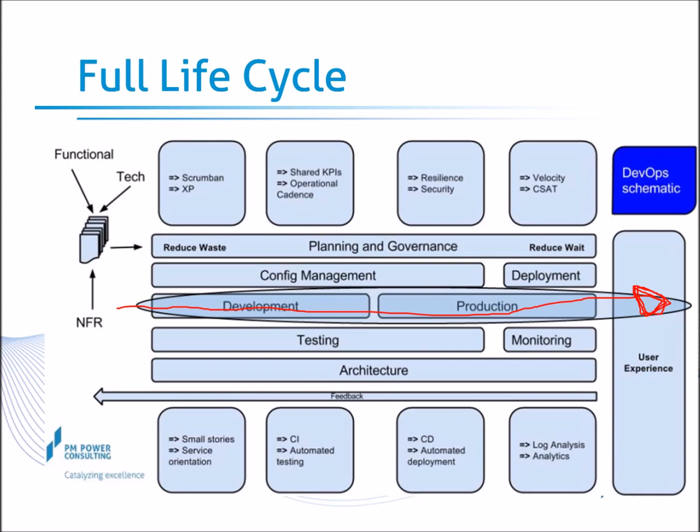So all the activities that we do for development, which includes some of the detailed designing, the technical approaches such as test-driven development, or creating unit test cases, automation, and also putting it into production where we might have some staging environments and so on, and finally getting it into the user's hands.